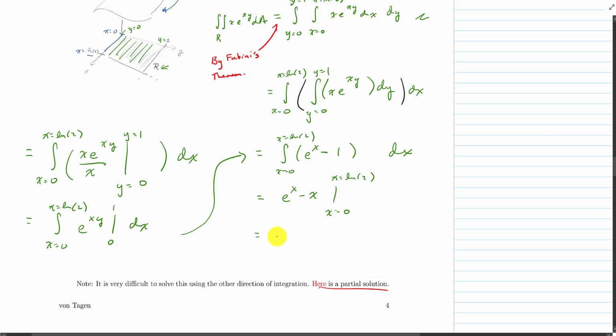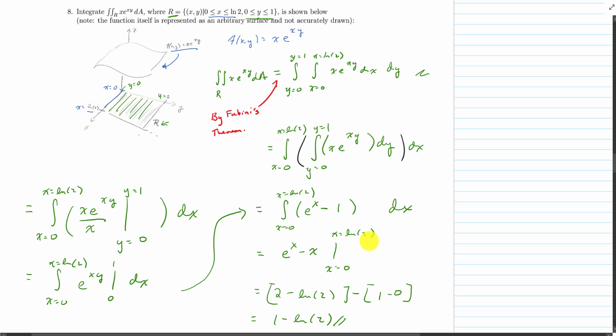So if we go ahead and plug everything in, this is going to give us, for the upper limits of integration, 2 minus the natural log of 2, minus 1, minus 0 if you like. And so we're left with 1 minus the natural log of 2. There were two things that we wanted to highlight in this problem. The first was that we applied Fubini's theorem, actually twice here, so let me highlight that again.